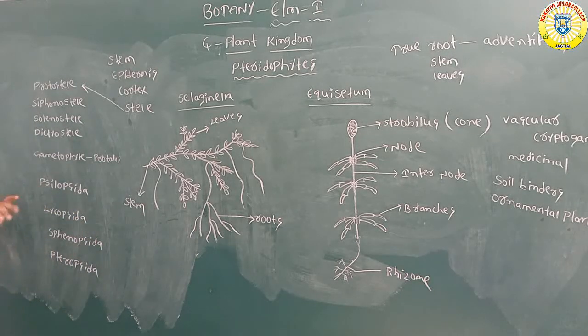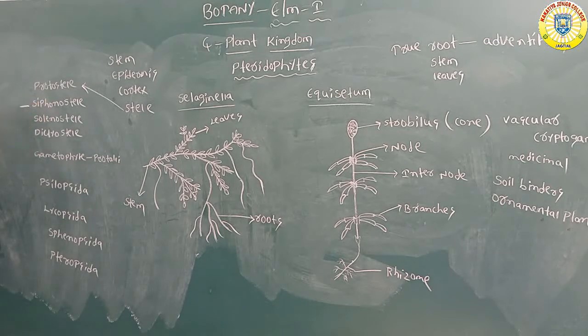Here the stele may be protostele. Protostele means central xylem which is surrounded with phloem. Siphonostele means medullated protostele. The central pithy part is called medulla.